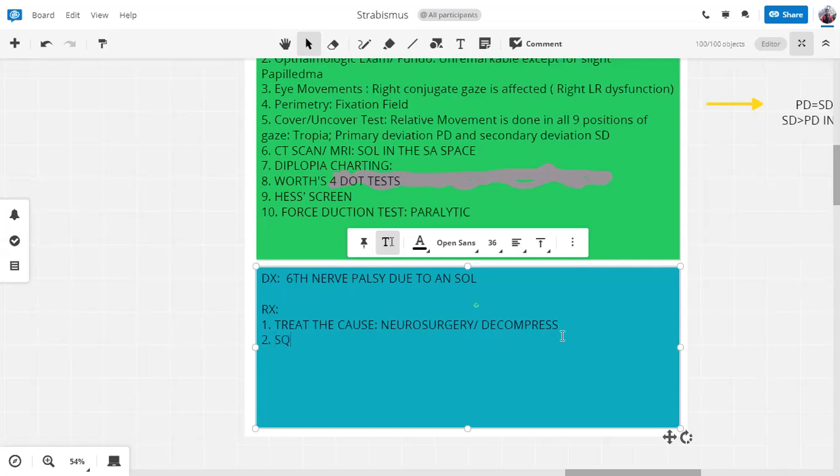Squint surgery. Yes, we can use squint surgery in cases where nothing is working and we have to strengthen a muscle or relax one muscle. Surgery can be done, especially in restrictive cases.